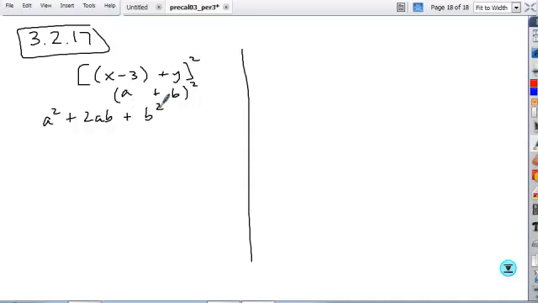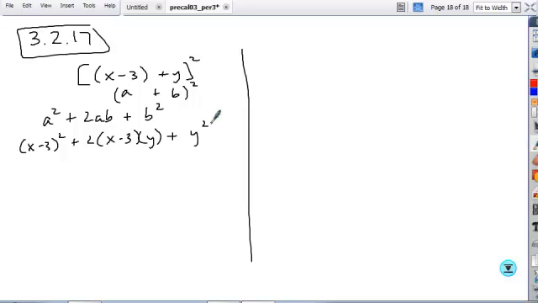So if you write this all out, or mentally create this pattern, you can just fill in the blanks. So a is representing our binomial x minus 3 squared plus 2 times x minus 3, which substitutes in for a, and y substitutes in for b, plus b squared, which is y squared. So you can substitute those in and then continue to simplify.